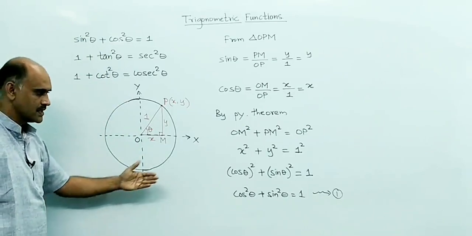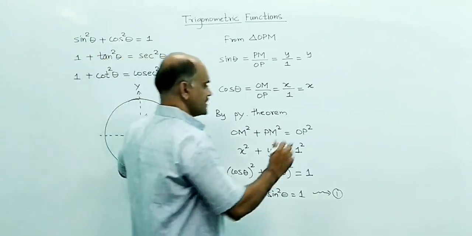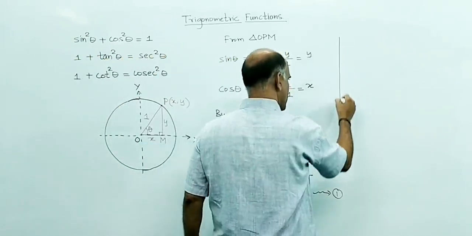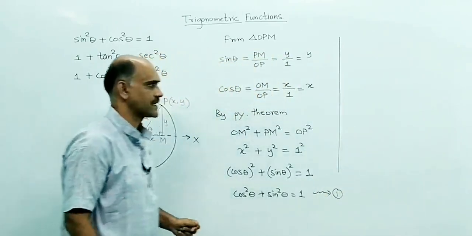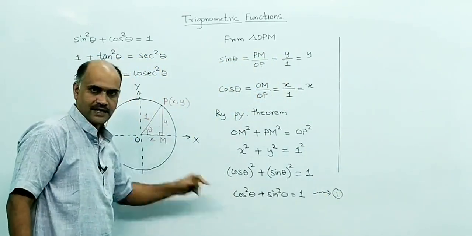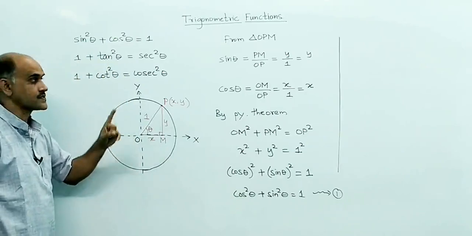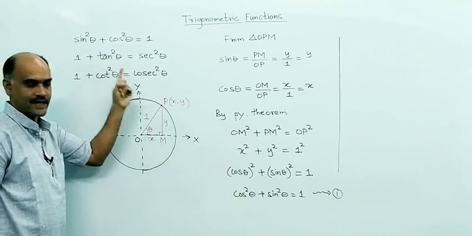Clear, students? Now, to get the second equation, you divide this equation by cos square theta, so you will get tan.